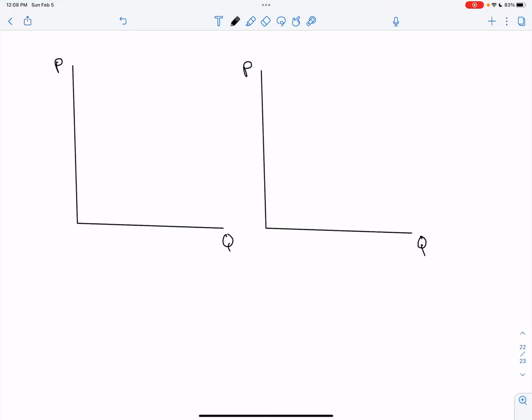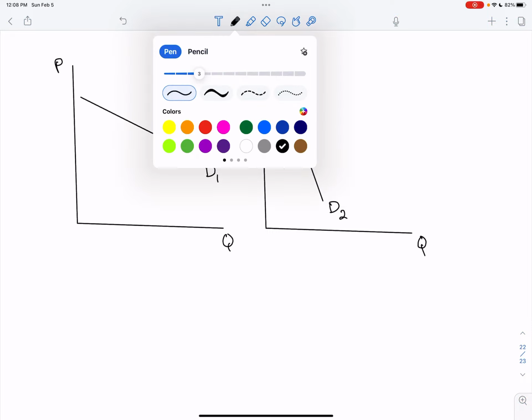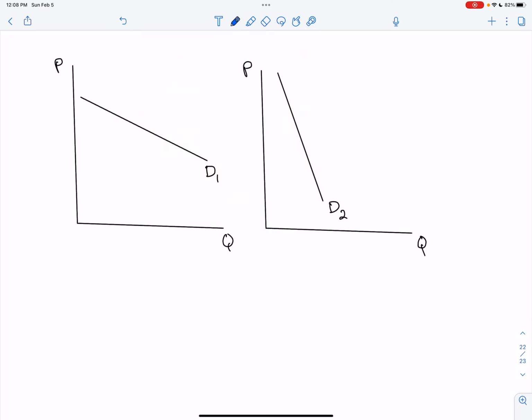Okay, now let's draw two demand curves. I'm going to draw this demand curve here. It looks like that. I'm going to call this demand 1. And then another demand curve here, which looks like that. Let's call that demand 2. Okay, now let's take two hypothetical prices, and we'll set them at exactly the same levels on each graph.